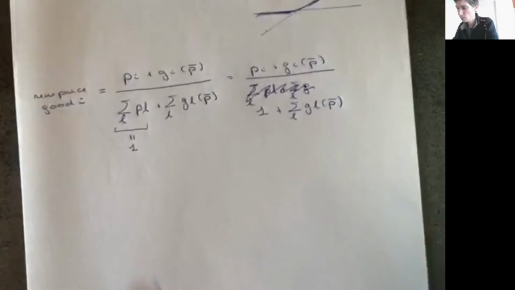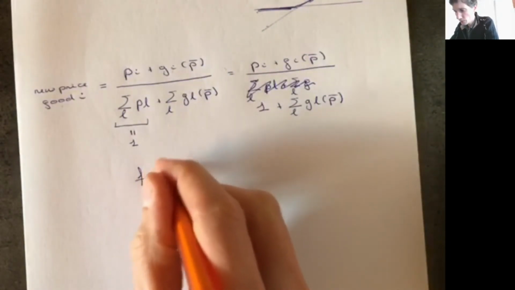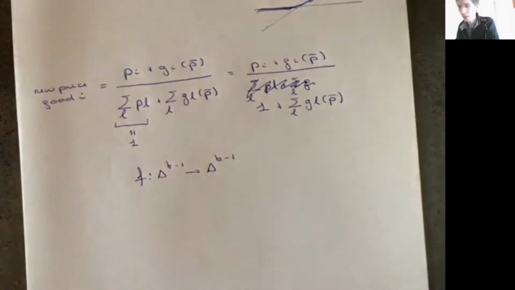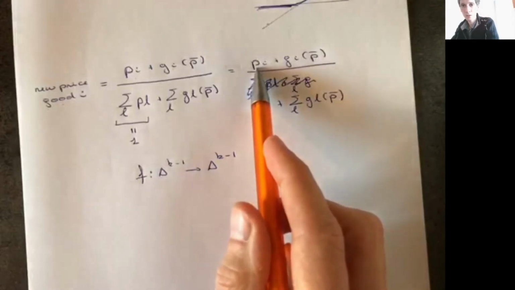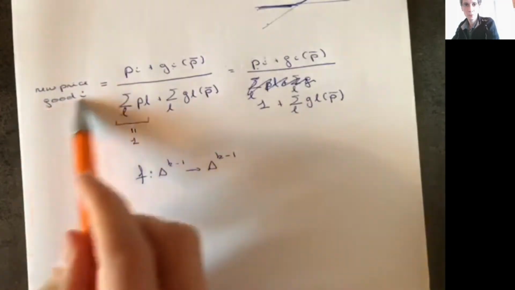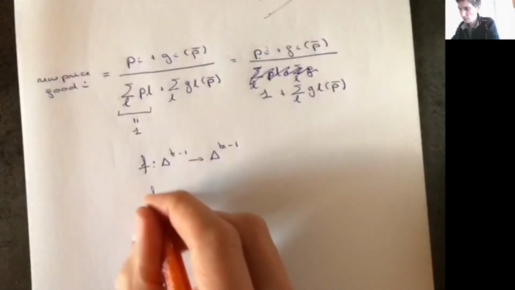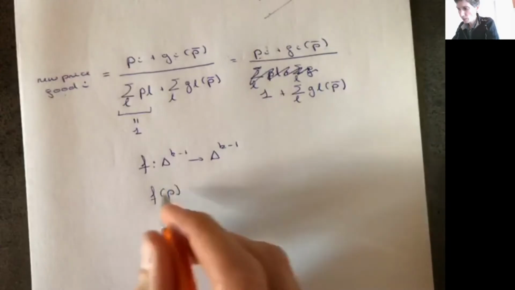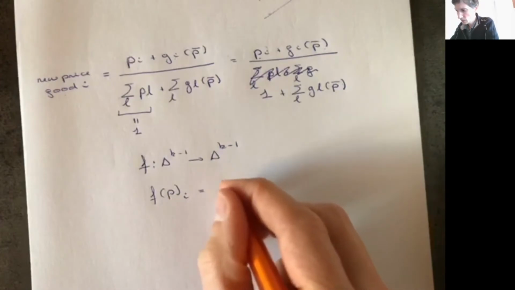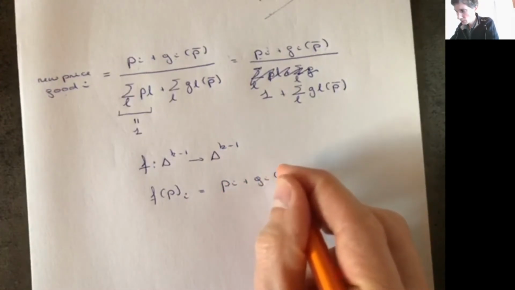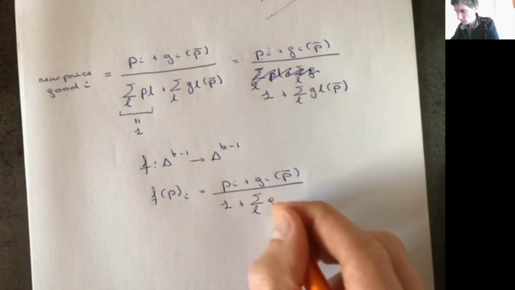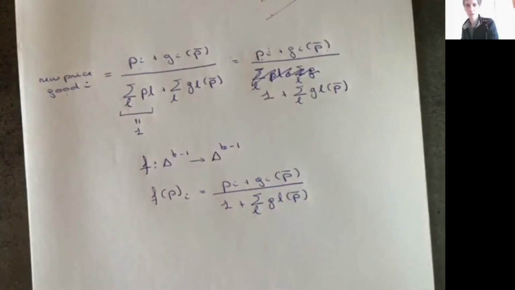So what we can do is we can define a function f from delta k minus 1 to delta k minus 1, right? So we're going to plug in a price vector, this one here, and f of p is going to give the new price of good I. Okay, so the ith element of this vector f of p will be equal to pi plus gi of p divided by 1 plus the sum over l of gl of p.